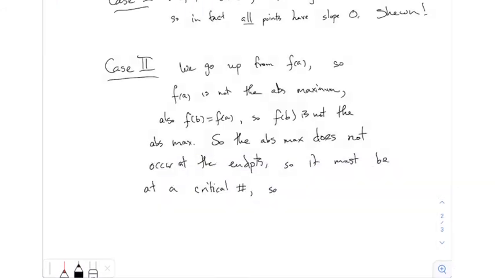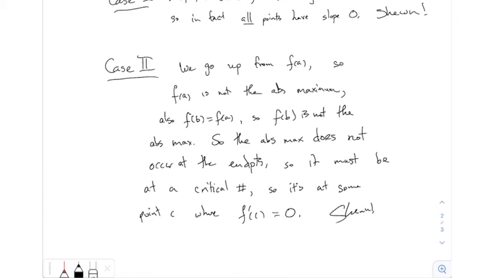So it's at some point C, where f prime of C is 0. And that C is not on the endpoints, because I already said it's not on the endpoints. All right? And that's the end in this case.